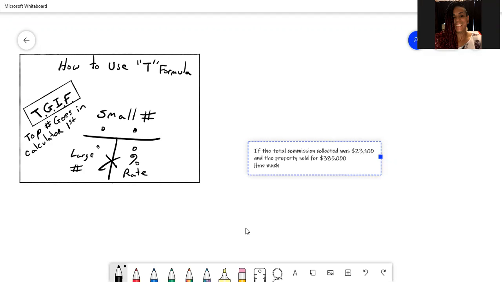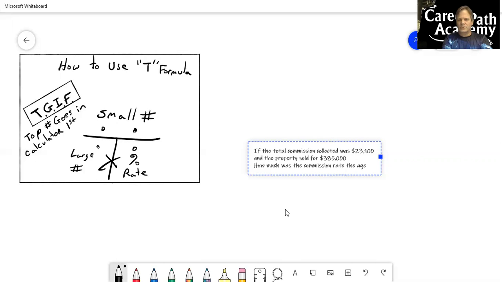Because I don't see what you're writing. Yeah, I am. You're not seeing that? Oh, okay, I see now. Okay, hold on. So if the total commission collected was $23,100 and the property sold for $385,000, what was the commission rate the agent charged?